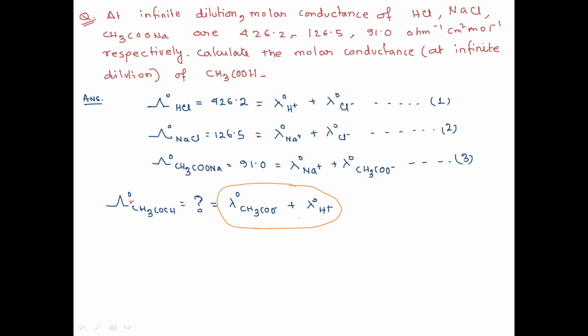Lambda 0 of H plus is essentially here, and lambda 0 of CH3COO minus is essentially in the third equation, correct?